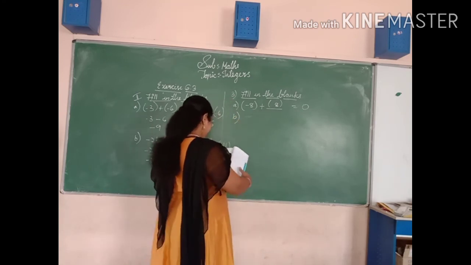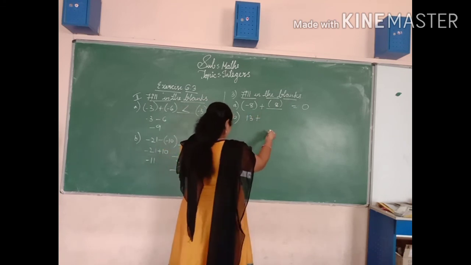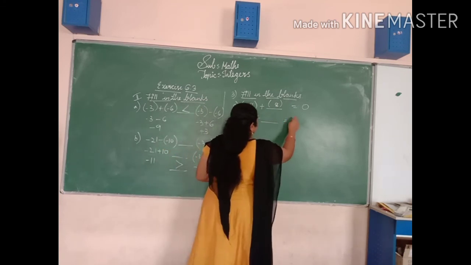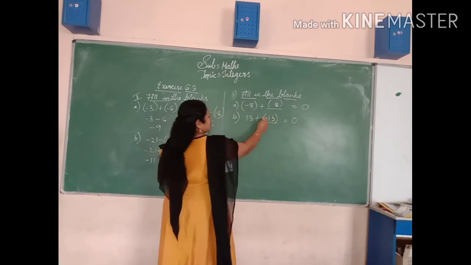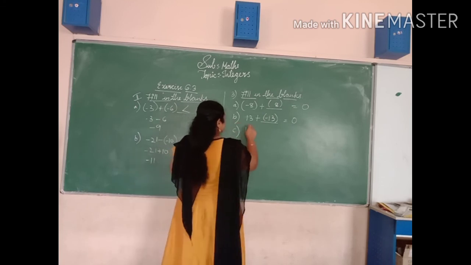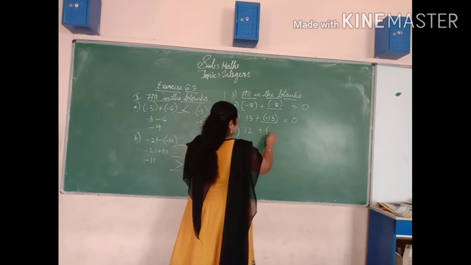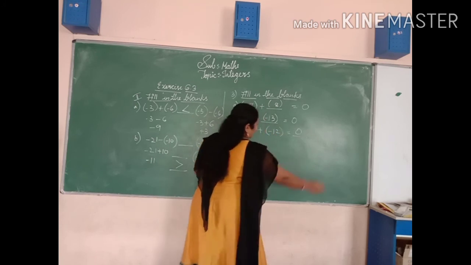So B, 13 plus dash is equal to 0. Again here you can give minus 13. Plus into minus, minus you will have. C, 12 plus minus 12 is equal to, the answer is 0.